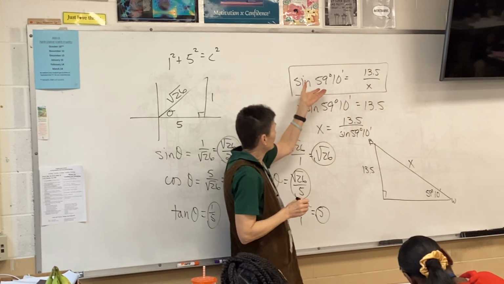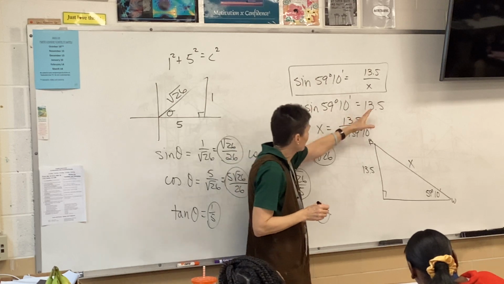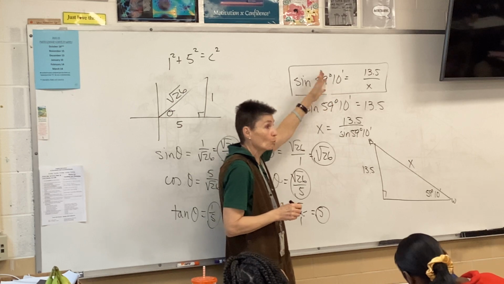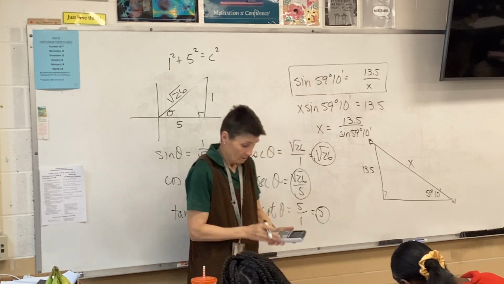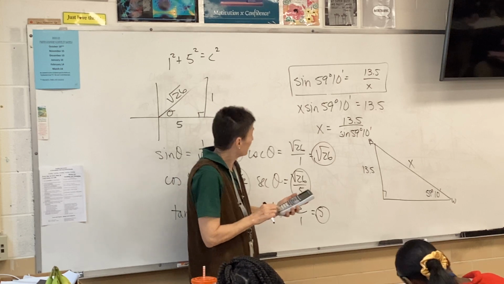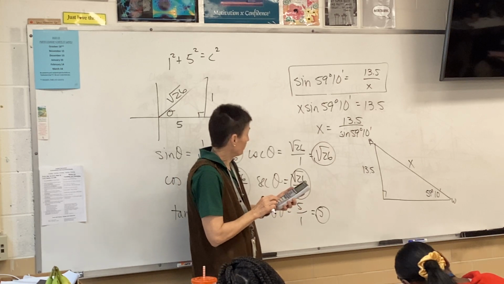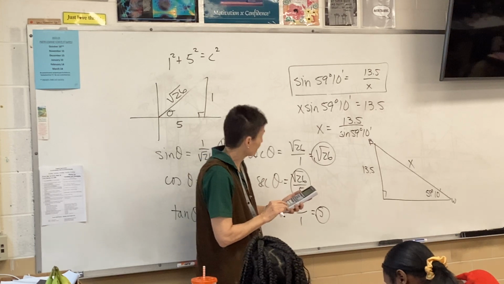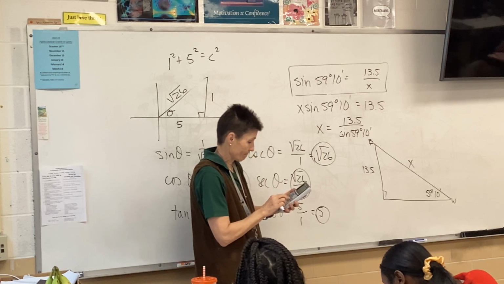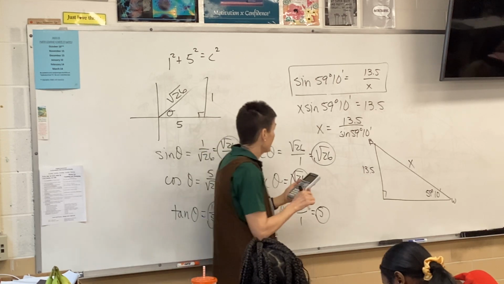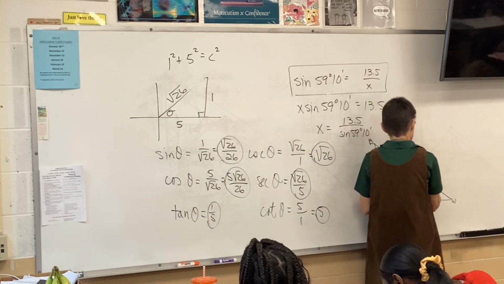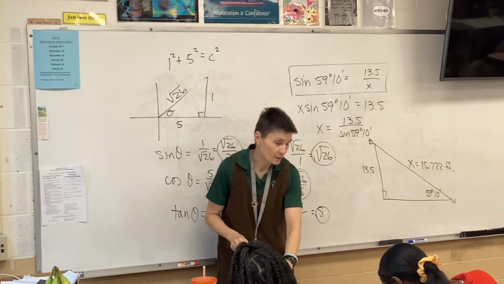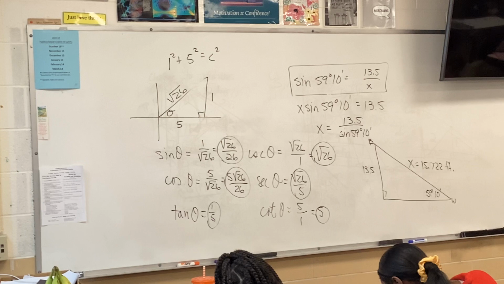Some of you are good enough, you can get straight from here to here, you don't need that middle step, but I do need to see that equation right there. That's your work. So what do we come up with? I got 15.722 feet. On your word problem, be sure you're putting a unit on it, okay?